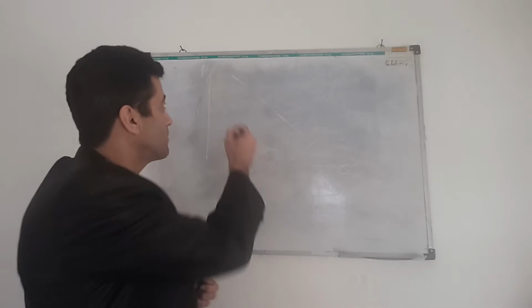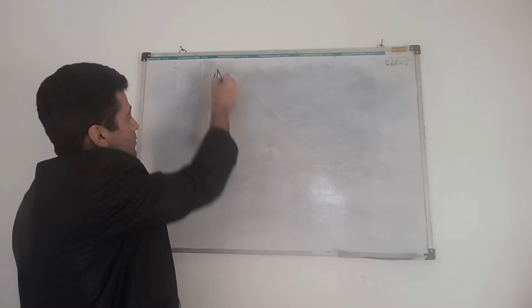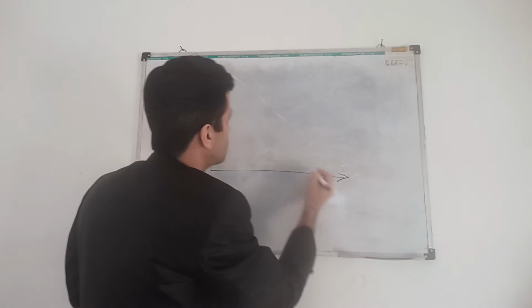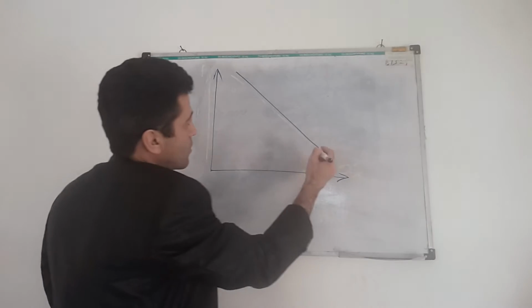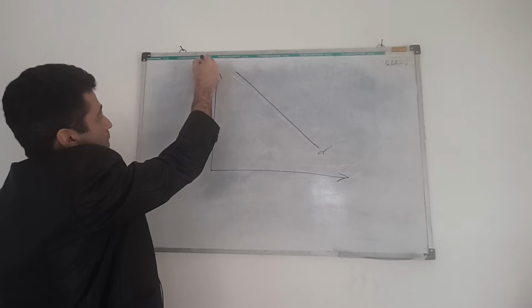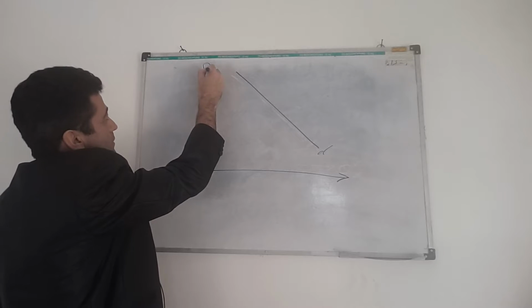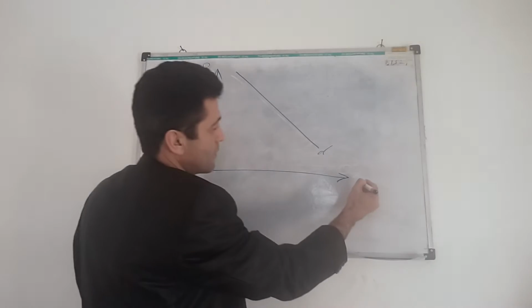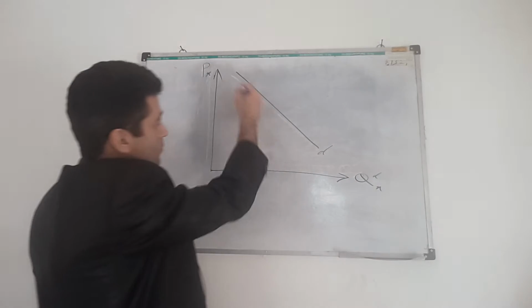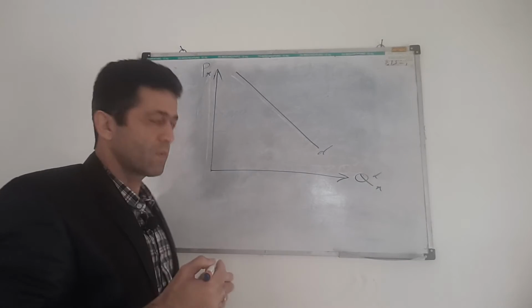We draw the demand curve with a negative slope, like this. Here, the y-axis is the price of the good, and the x-axis is the quantity of demand for X. This line is the demand curve.